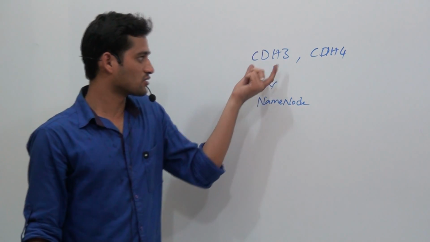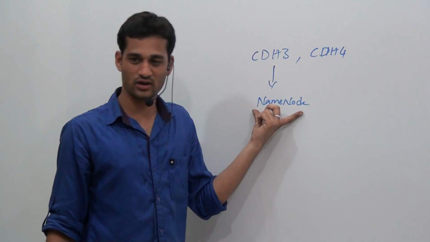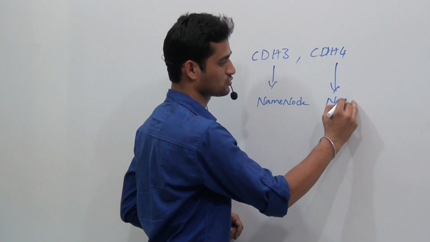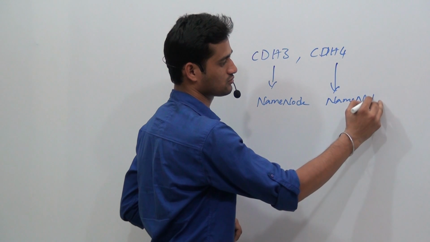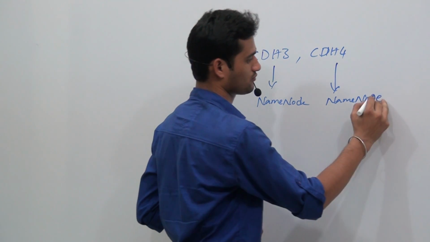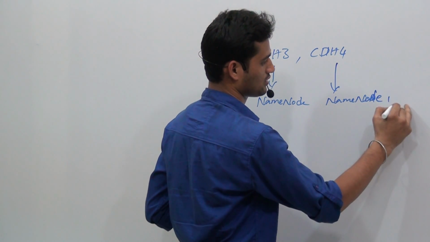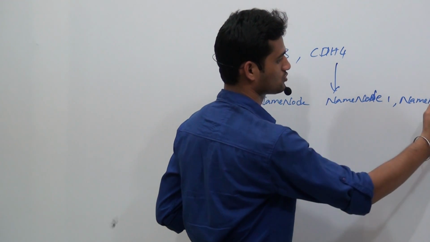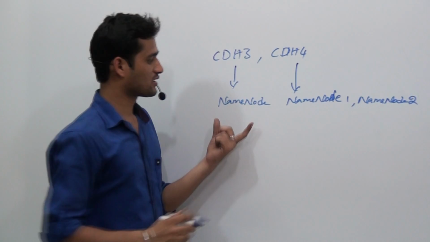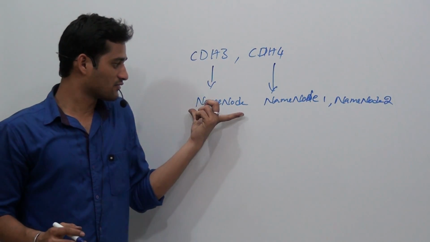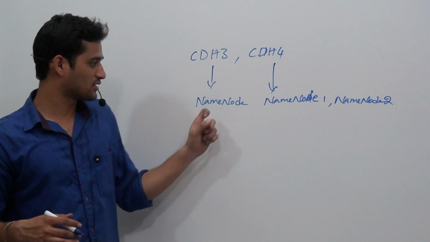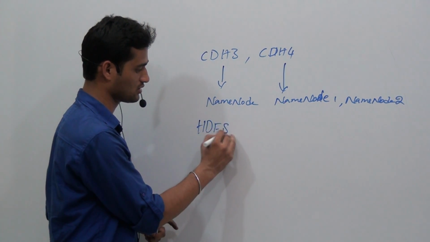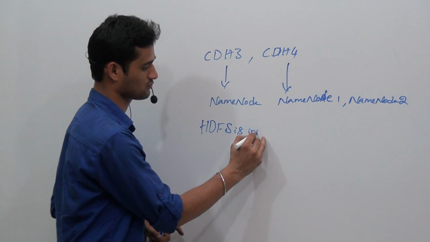CDH3 has one name node, and CDH4 has two name nodes: name node 1 and name node 2. In CDH3, if this name node goes down, the entire HDFS is inaccessible.